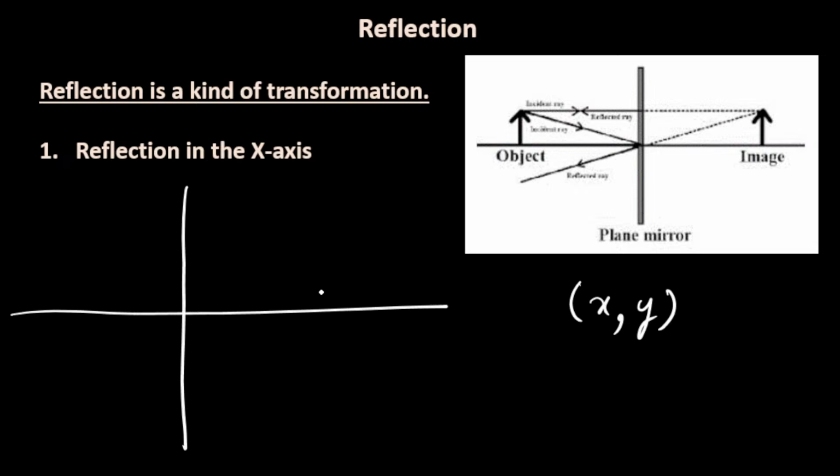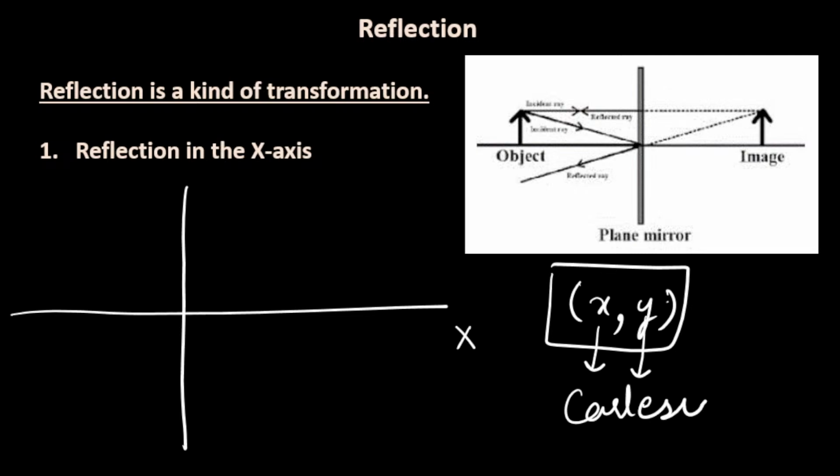But before I start, I just want to give a brief introduction about the coordinates as well. The coordinates we write like this always. It's like an ordered pair where the first point is x and the second point is y, and we represent it in the Cartesian plane.